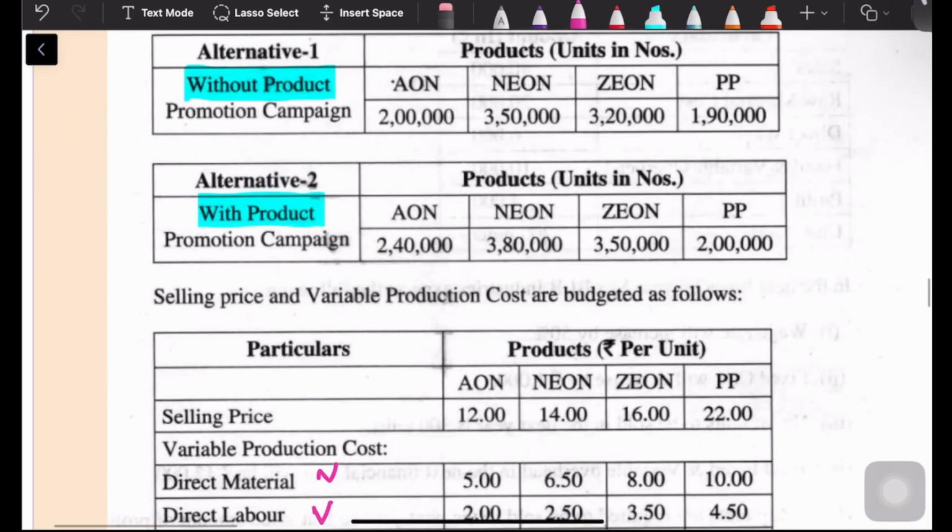So contribution is 14 minus 9.72, 4.28. 4.28 into 3.5 lakh, 14 lakh 87,500. Oh, one minute. 4.28 into 3.8 lakh is 14 lakh 98,000.